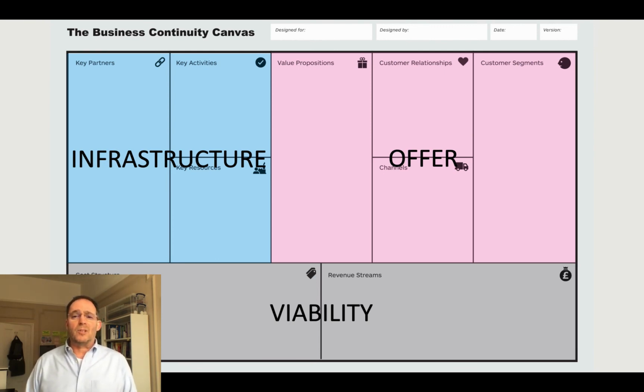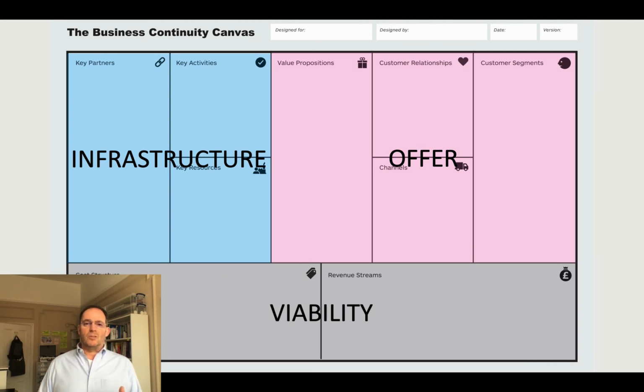You have to make a judgment about where the risk lies, to adjust and make decisions about the products or services that you're going to continue to offer, the channels that you're going to use, and then the infrastructure, the activities and the resources that you use to deliver that. What we're looking for is long-term viability.